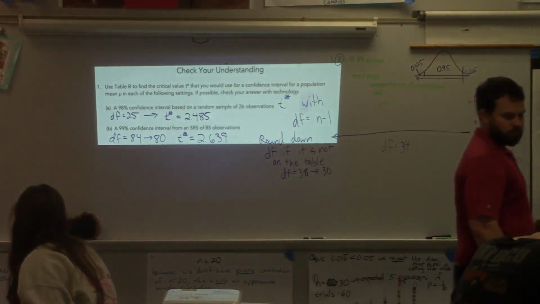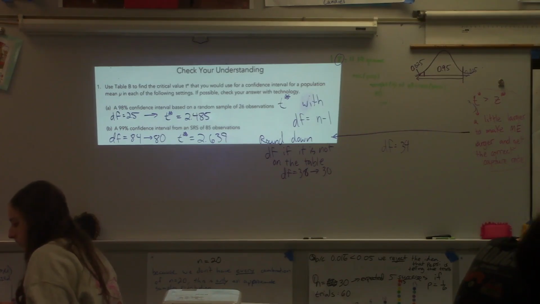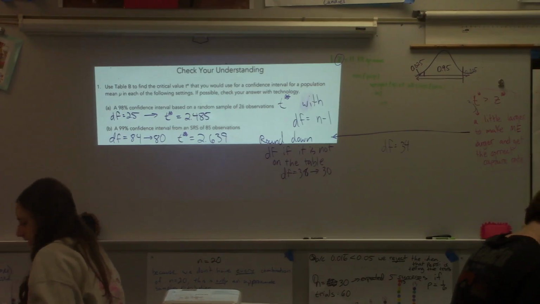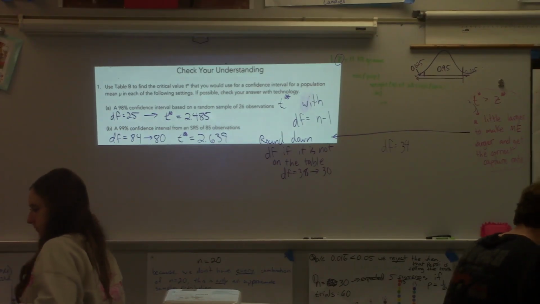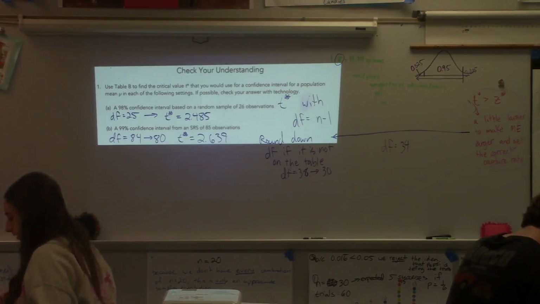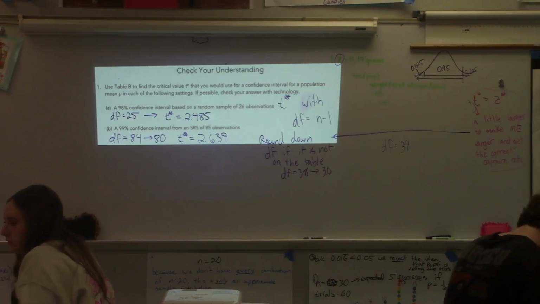Are we doing just one? You would knock it down to 80, correct? Wait, I'm confused, what are we doing? I forgot how to find the T.